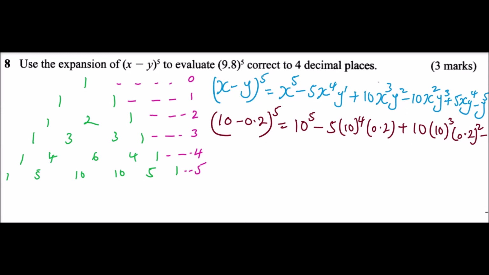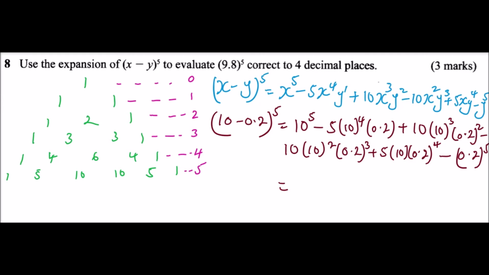This is 10 to power 4, that is 10. The other one is 10 squared, and we have 0.2 to power 3. Then we have plus 5 multiplied by 10 multiplied by 0.2 to power 4, and finally we have minus 0.2 to power 5. So you can use your calculator and you'll be able to get all this.